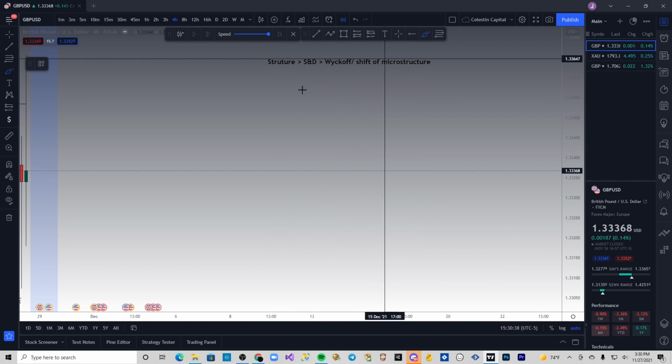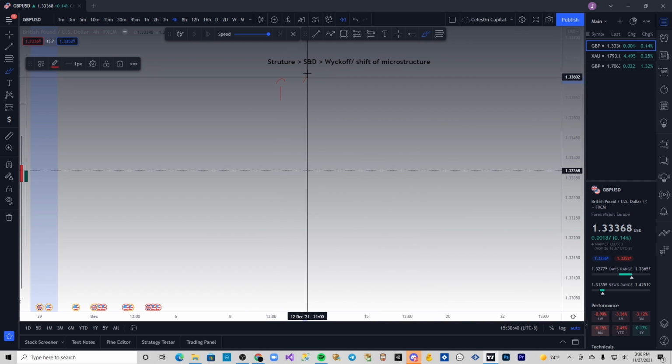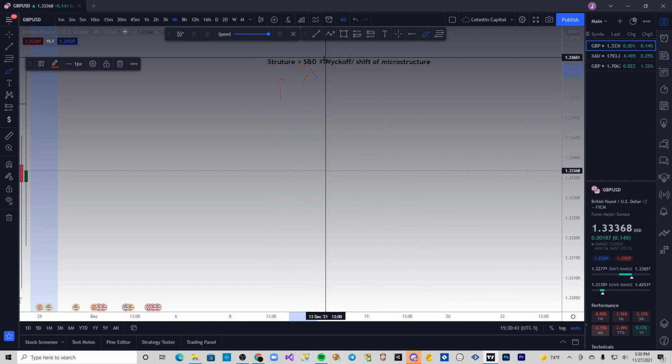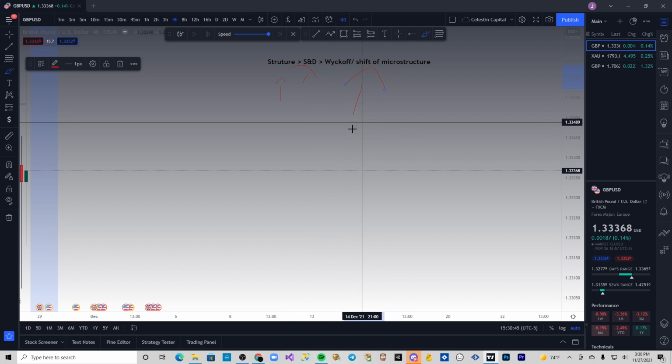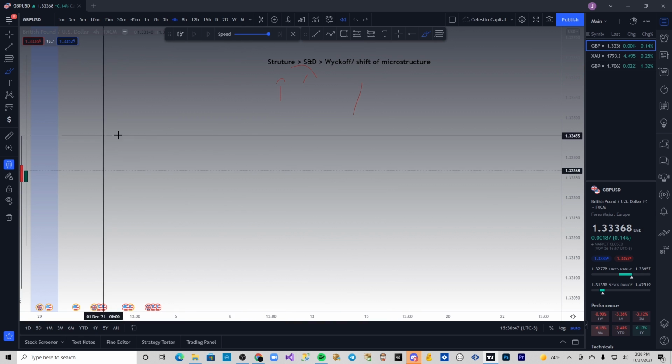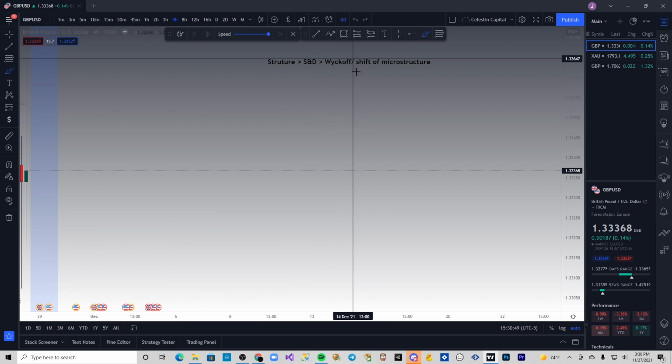Structure, followed by supply and demand, or order blocks, whatever you want to call it, and then Wyckoff, which is simply a shift of microstructure, because that's all Wyckoff is, a shift of microstructure.